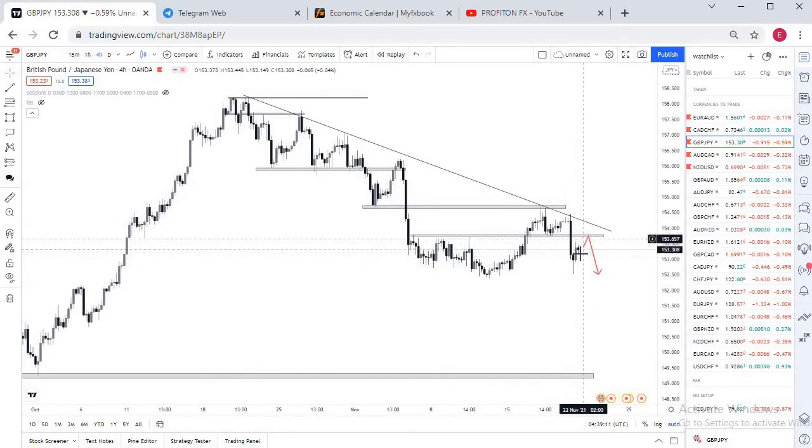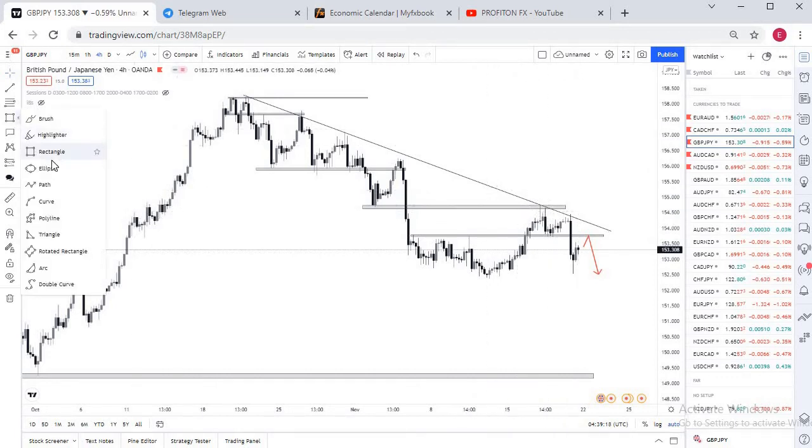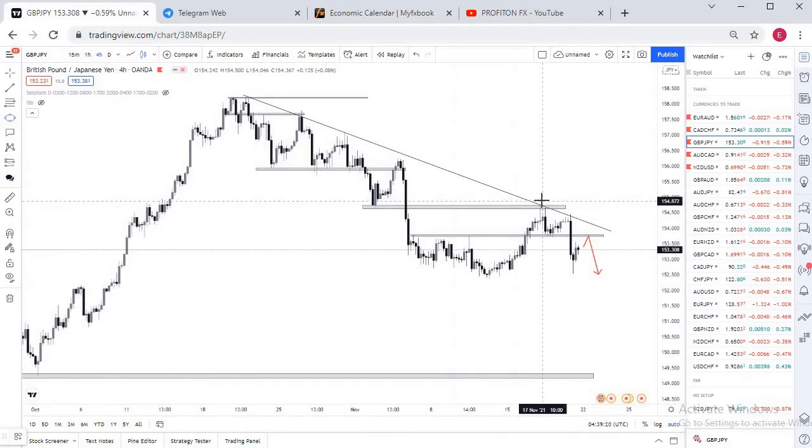Now before we move on to our 1 hour time frame, here we did have a sell setup, of course, because of the break and retest of this level, and also it was in line with our resistance trend line here.